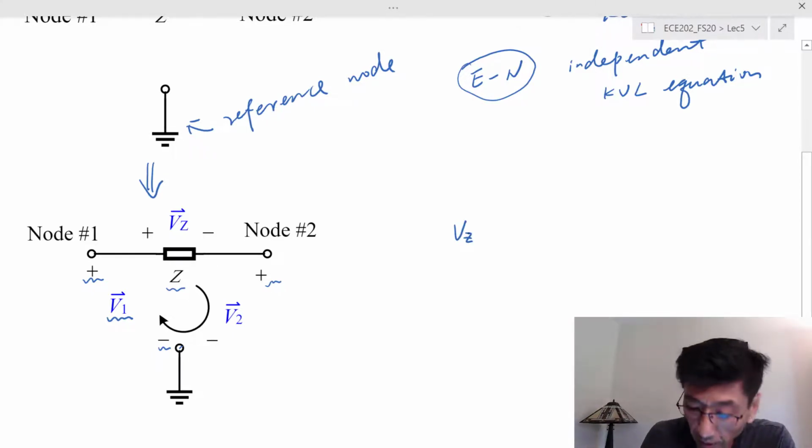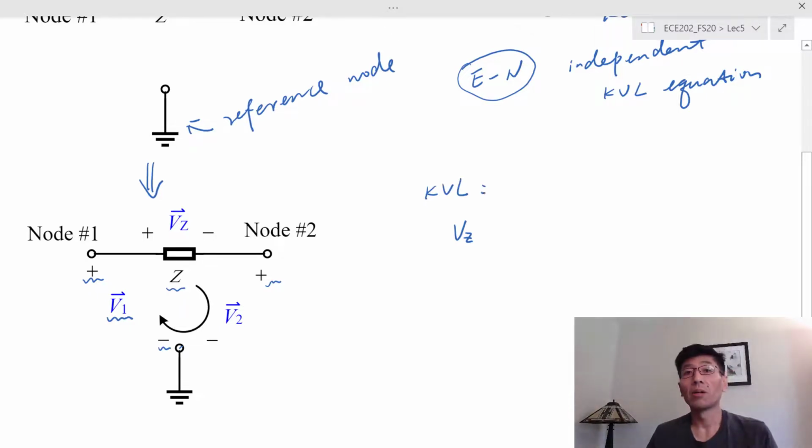So the thing here is we're going to use KVL. You see how each lecture is built upon the knowledge we have from the other lectures. If you are not quite clear about this, go back to lecture number 2 to see how you write the KCL and KVL equations. For KVL, if we recall, there are 3 different flavors.